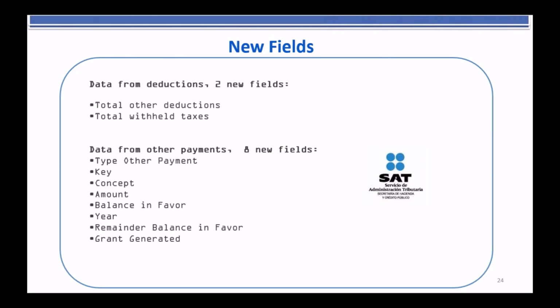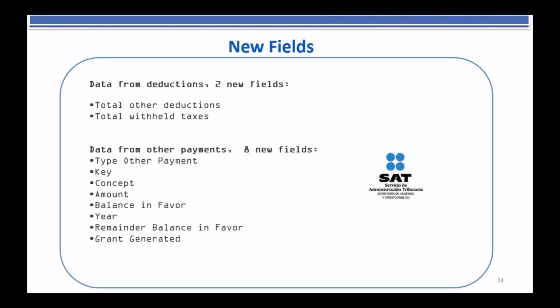Now, there are new items in the deduction node, which are also for validation, which is total other deductions and total of withheld taxes. So this is actually information that the authority is going to receive, and very easily they will be able to match to our tax installments for withholdings to the employees.